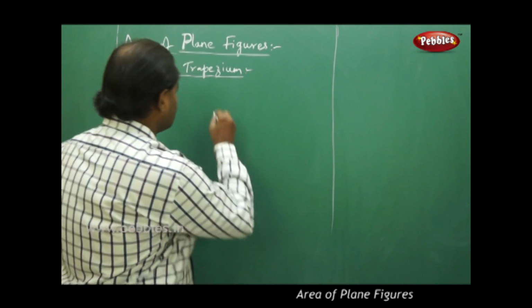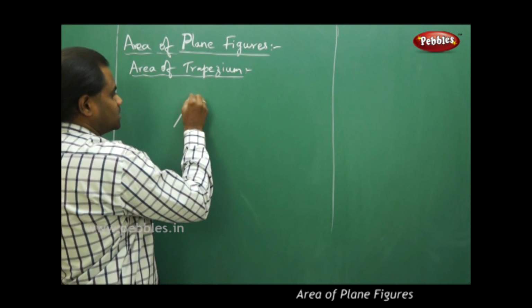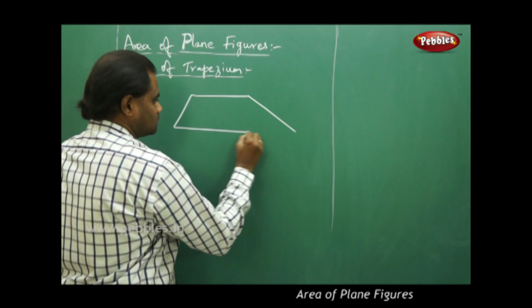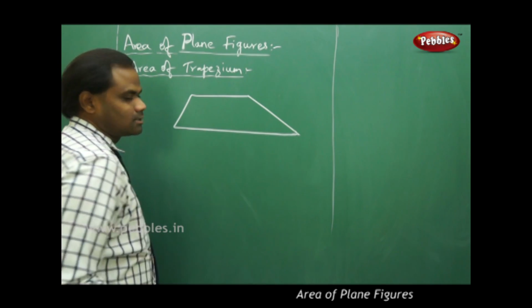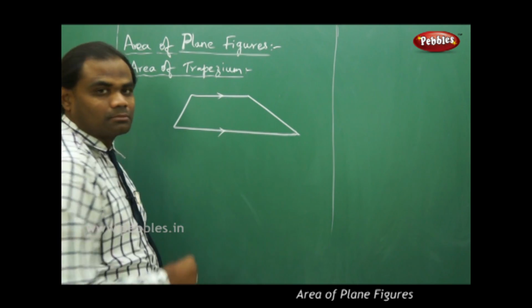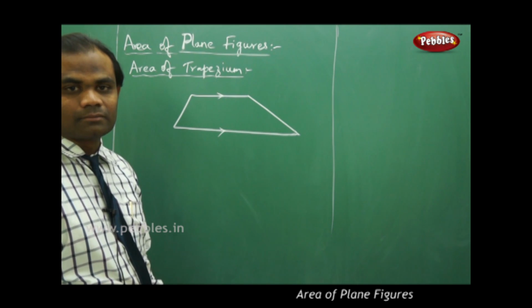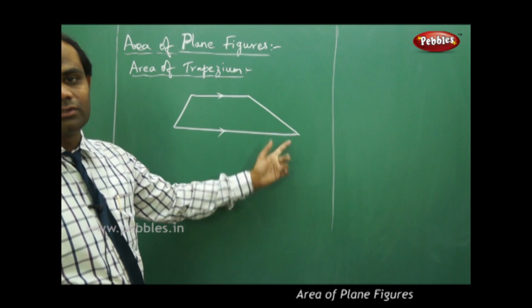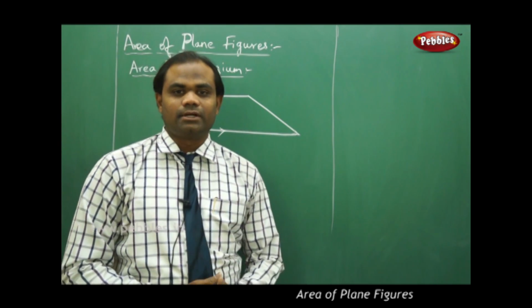So let's take a trapezium with the basic definition. In this case, this is a trapezium because I consider these two sides to be one pair which is parallel. The other two sides are not equal nor are they parallel. So this kind of a four-sided closed figure is a trapezium.